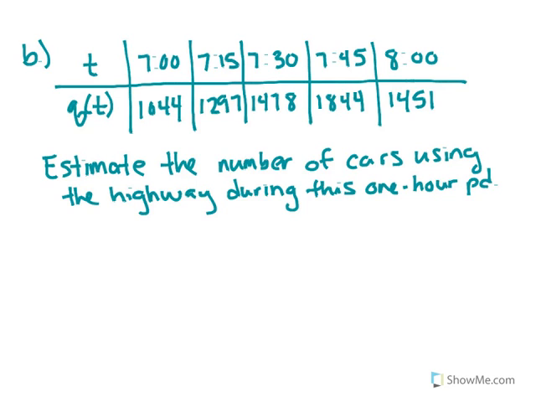The way to do trapezoidal sums without even drawing a picture is by carefully looking at the values within our table. First of all, the formula for the area of a trapezoid is 1/2 times the height times the sum of the bases.